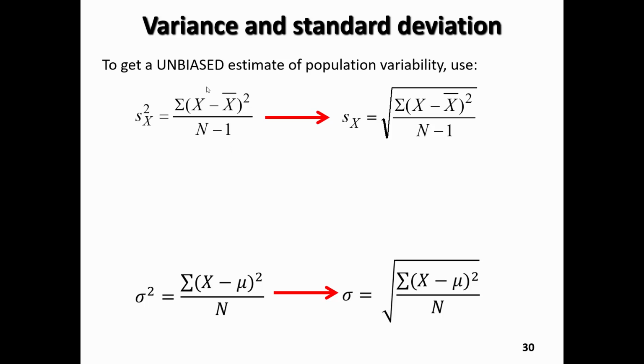Now, the problem with the variance calculation, S squared is the variance, is that it produces units that do not make sense because it's a squared unit. But the genius of squaring the term allows us to eliminate the zero-sum problem, and then algebraically we can bring it back to a standard deviation in the original units here on the right-hand side by taking the square root of the entire quantity.